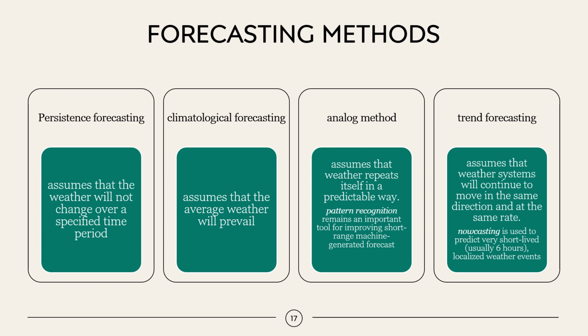So the detection of these weather events relies heavily on weather radar and geostationary satellites. So this nowcasting again is used to predict very short-lived, usually 6 hours, local weather events.